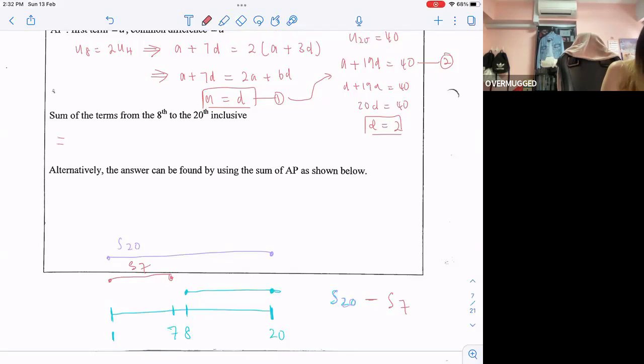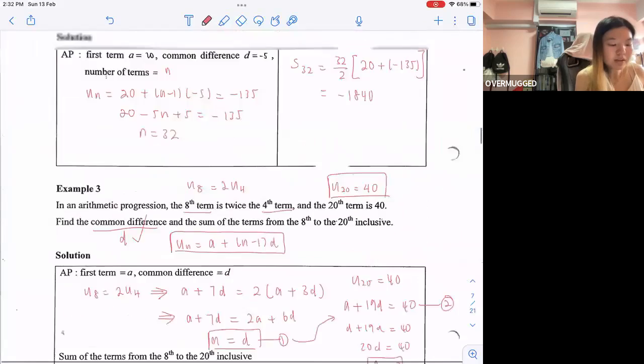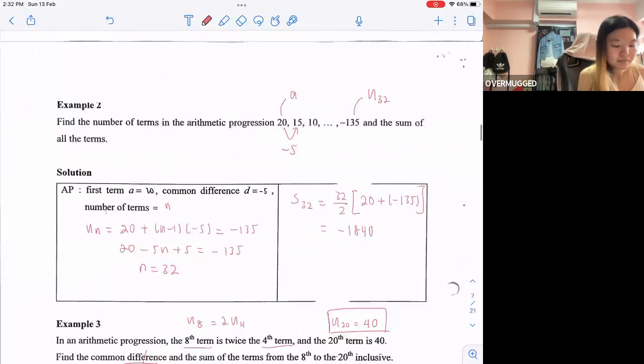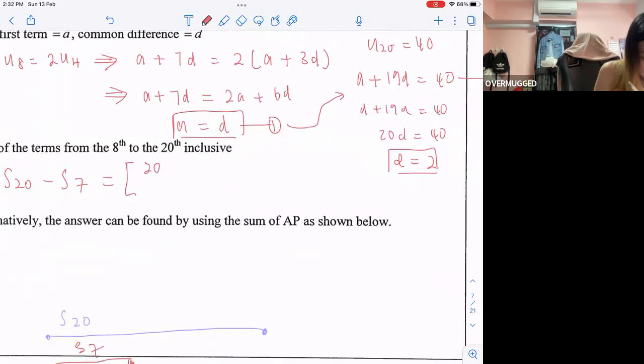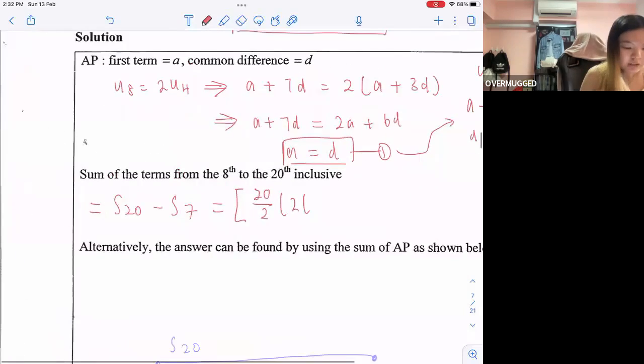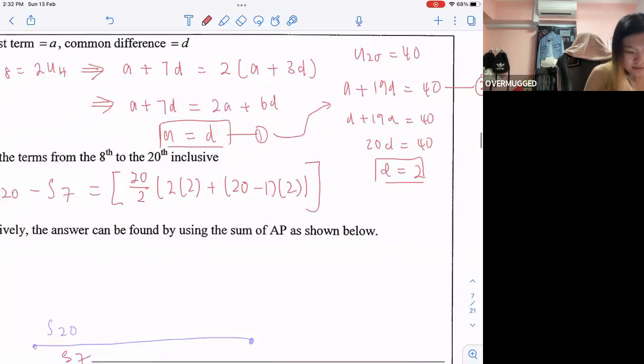In other words, I need to do S20 minus S7. I again use the general formula that I just learned. For S20, it will be 20 over 2 times (2 times my A, which is 2, plus 20 minus 1 times D).